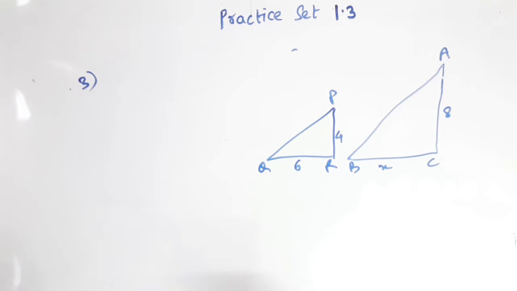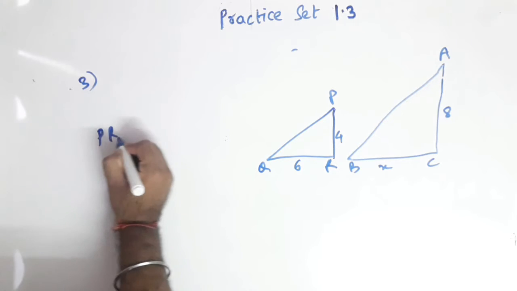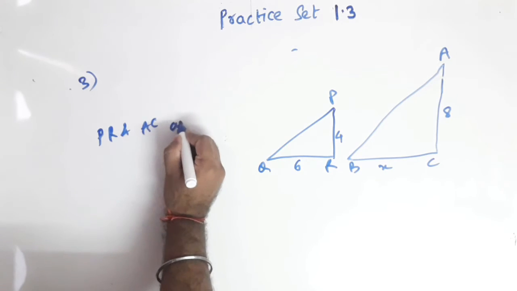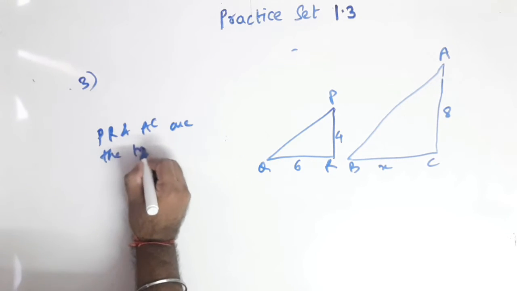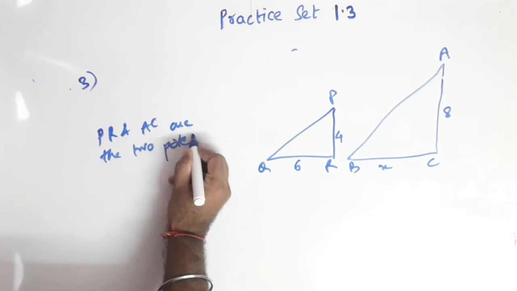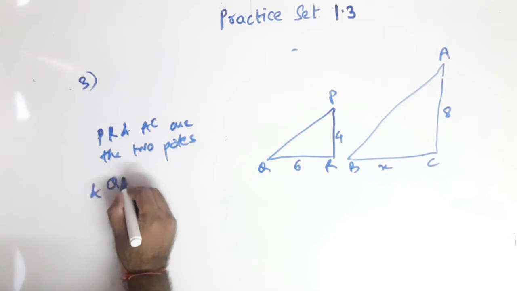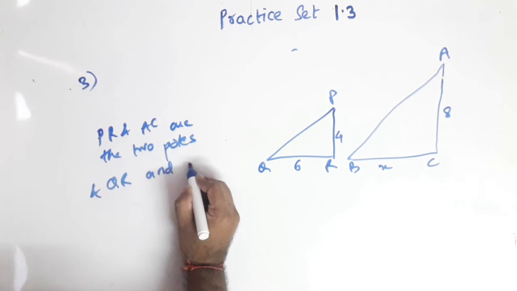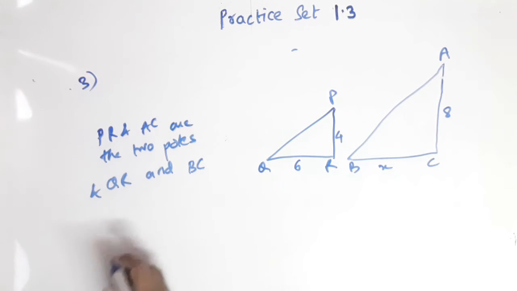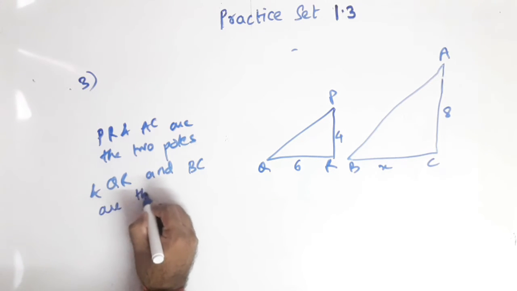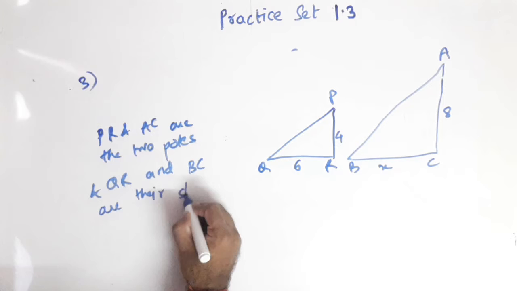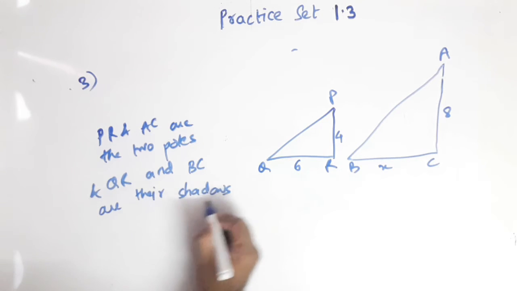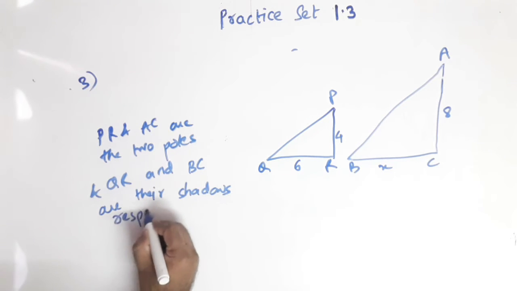We will write: PR and AC are the two poles, and QR and BC are their shadows respectively.